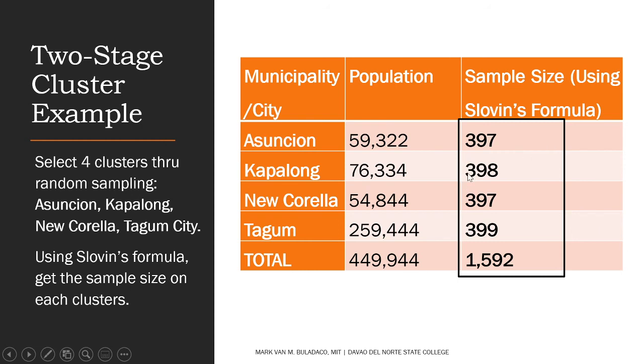But you need to strictly follow that you can only get 397 from the Asuncion cluster and 398 from Kapalong cluster, and so on. So the researcher must be strict on his or her procedure in getting respondents or participants of the study based on the computed sample.